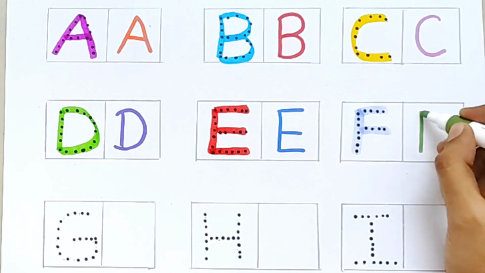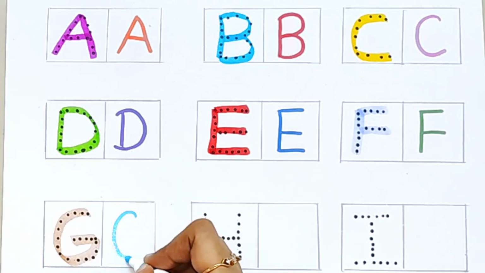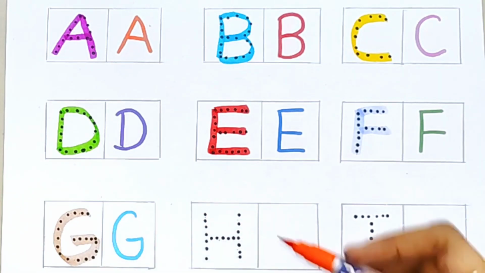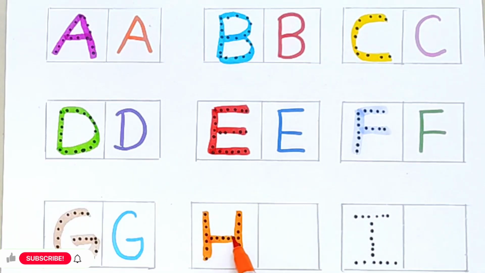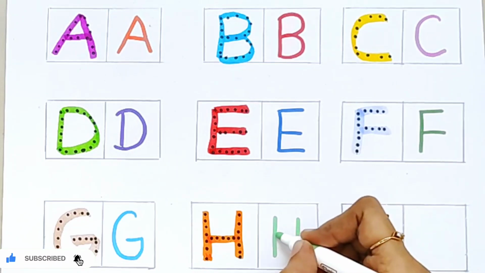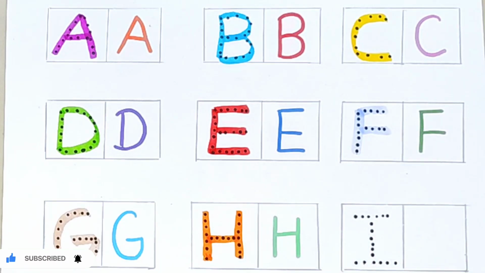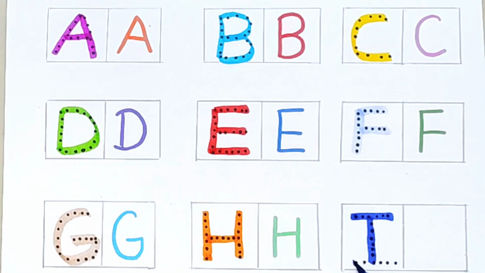Letter F. G for goldfinch. Letter G. H for heron. I for ibis bill. Letter I.